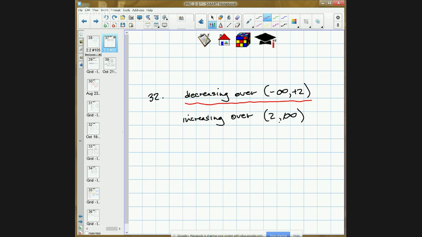Well, from 2 and forever to the right. Technically at 2, it's neither increasing nor decreasing. It's at a little finite resting point, I guess. But after 2, it's going uphill. So that interval would be listed as 2 comma infinity. So that's just an eyeball exercise, right? Do you see that?